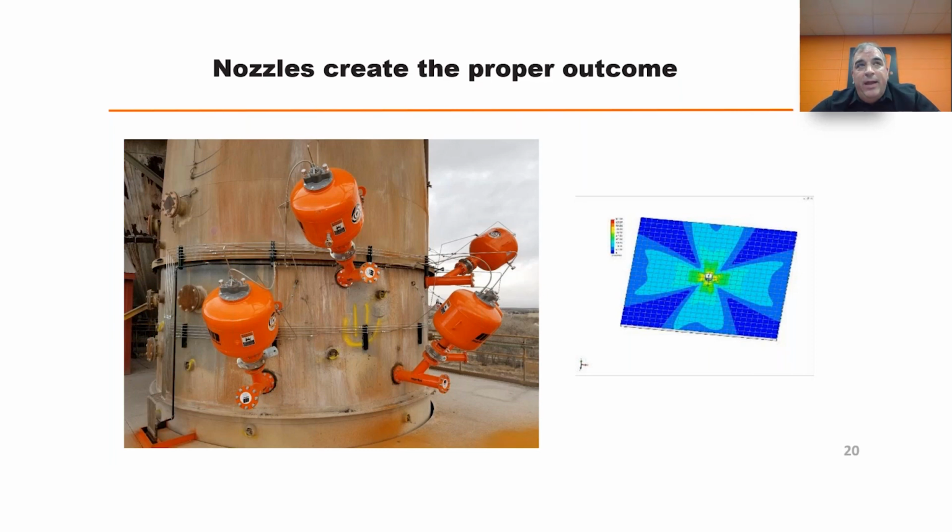So again, when I'm talking to customers about new products or about a new cannon system, nozzles tend to get overlooked a lot of times, and they are more important. Putting them in the right location and the right type of nozzle, they're more important than the air cannon itself.